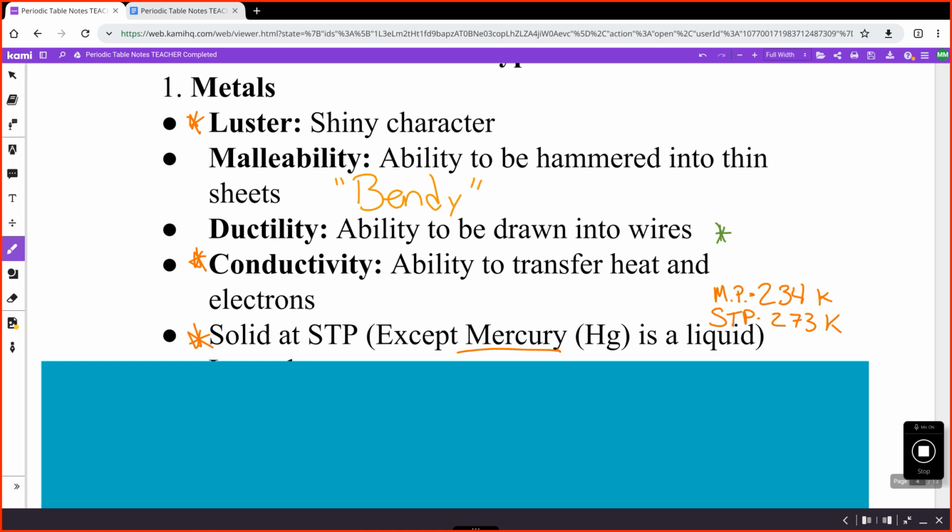And mercury is a liquid. It's a shiny liquid. It's a conductive liquid. So it looks like liquid metal. All right, that's one exception you want to look out for.